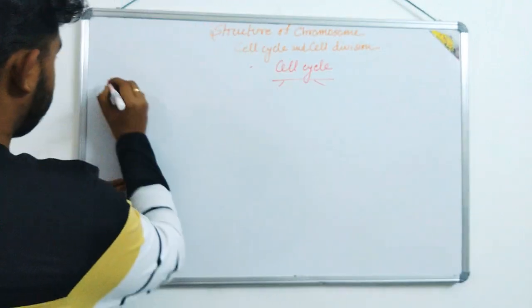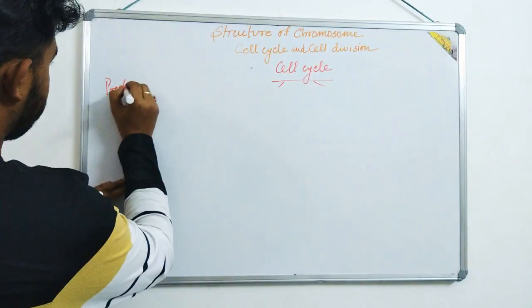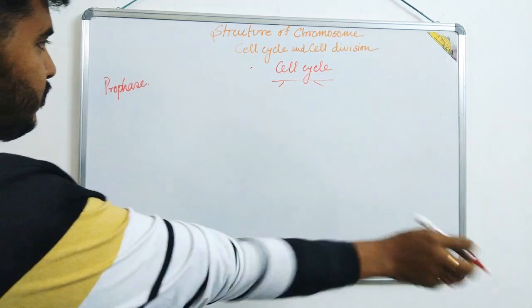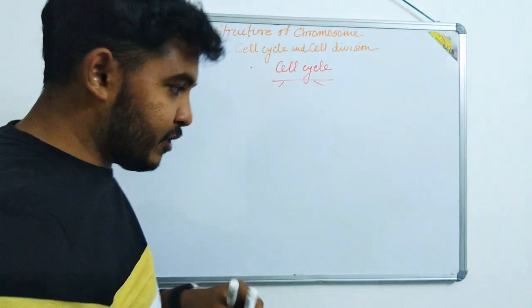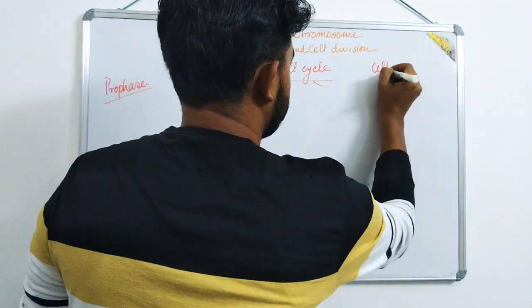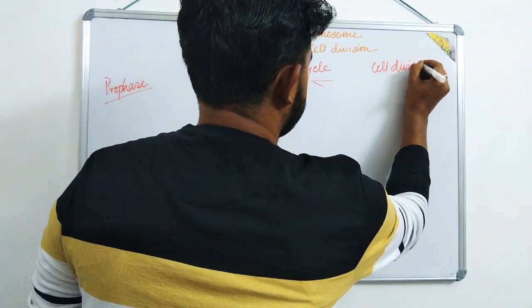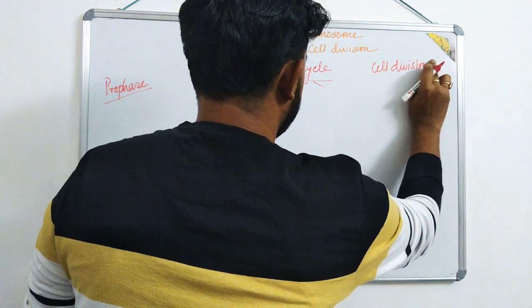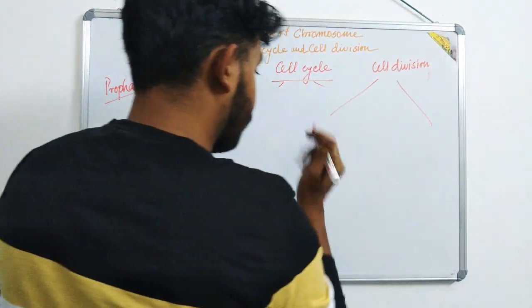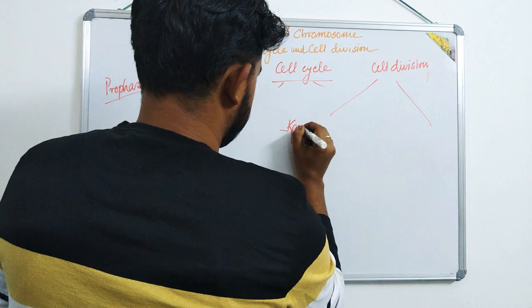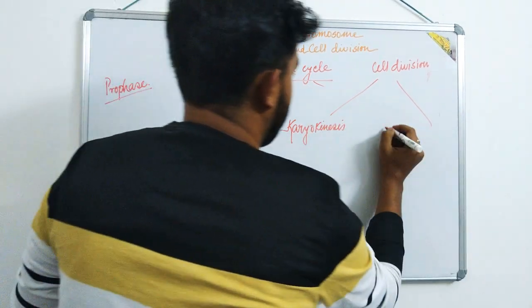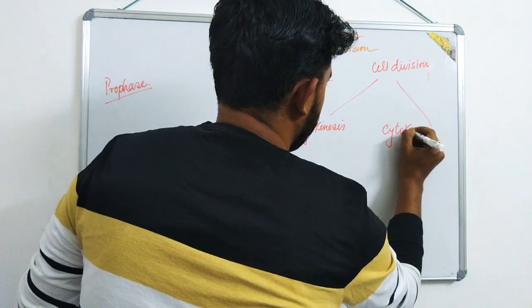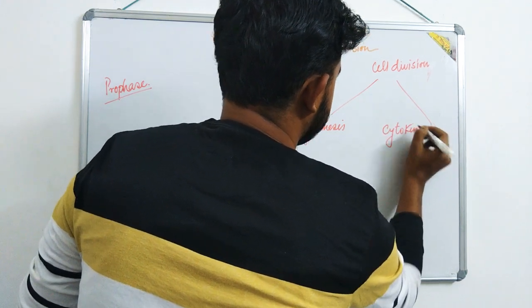So what happens in prophase? Quickly, I just want to go through it. One more thing: in this cell cycle and the cell division, particularly the cell division, you can divide them into two ways. One is karyokinesis and one is cytokinesis.